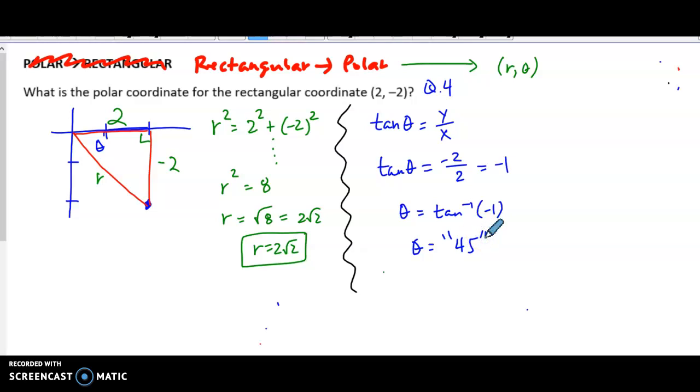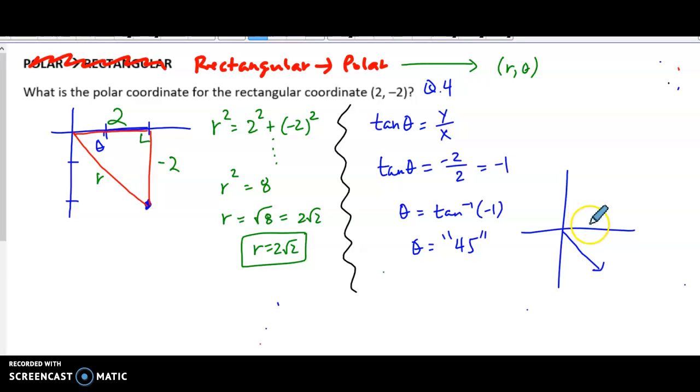Okay. Now since we're in quadrant 4, that must mean, well, there's a couple ways that you can write it, right? If we're in quadrant 4, and here I'm going to draw it like this. There's a couple ways to go about it.